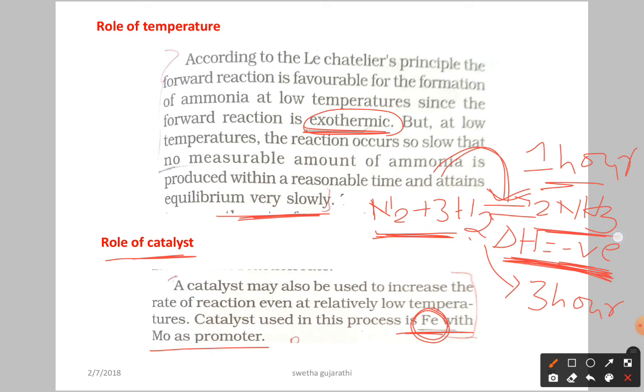You are not going to change the equation, you are just going to decrease the time, that is, increase the rate of reaction. What does a promoter mean? To activate the catalyst further, we use the promoter. So iron as a catalyst and molybdenum as a promoter are used for the synthesis of ammonia.